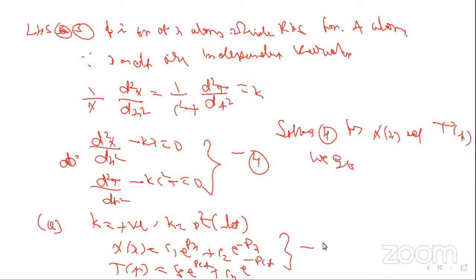Consider equation number 5. Next, second bit: k is negative, so k equal to minus p square.